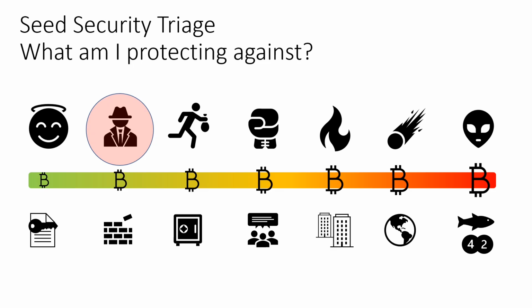And really what we're focusing on in this particular video, the risk we're trying to protect from, is more of a malicious type risk. So you're trying to protect it from primarily someone online getting access to your computer, or somehow getting your seed compromised or your computer compromised, remote access, things like that.